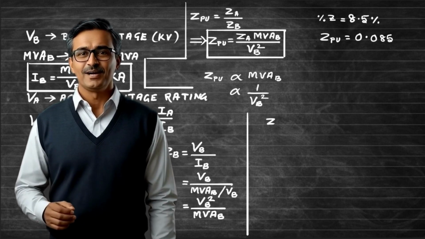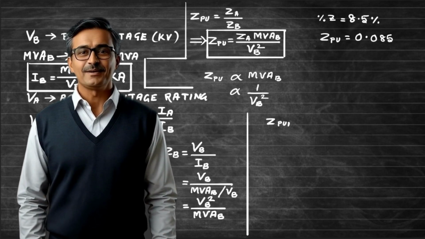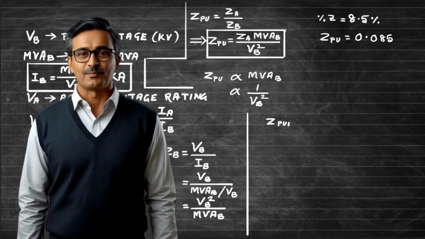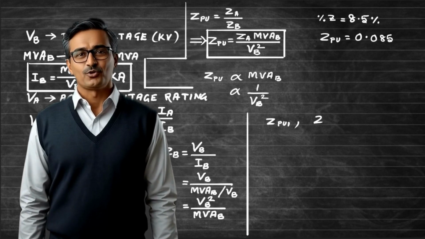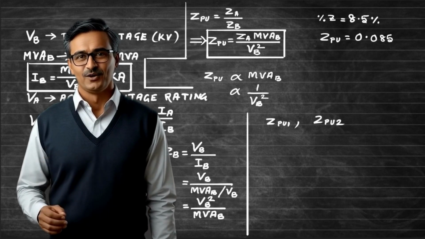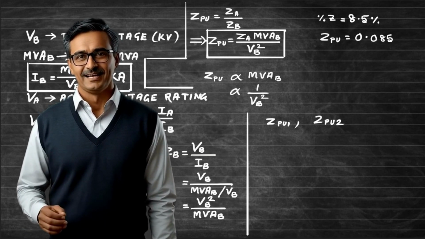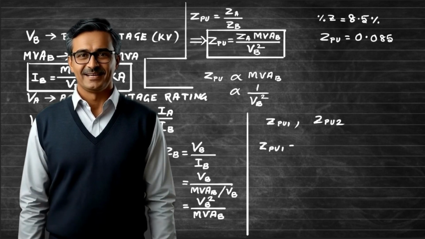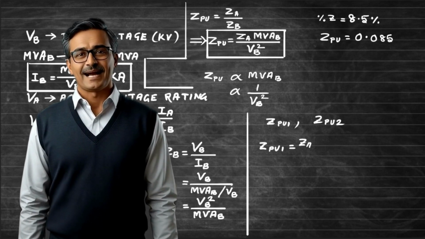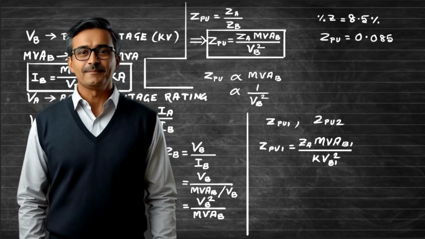Let ZPU1 be the per unit transformer impedance calculated from the given percentage impedance of the transformer. And let ZPU2 be the per unit impedance of the transformer calculated on our selected base MVA and base voltage. From the expression of per unit impedance that we have already derived, we can write ZPU1 equals ZA multiplied by MVA B1 divided by kilovolt B1 square.